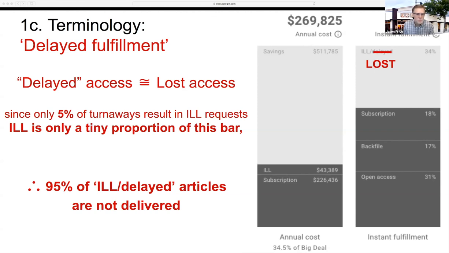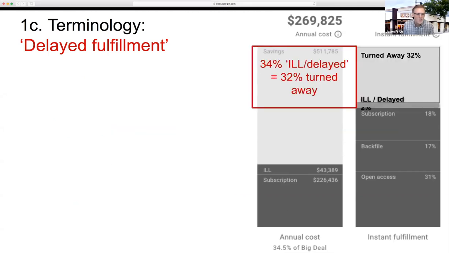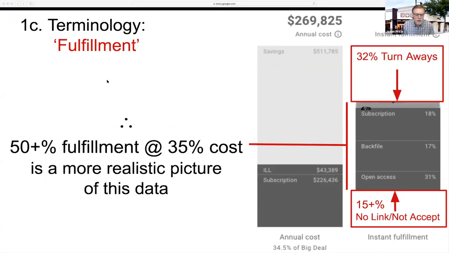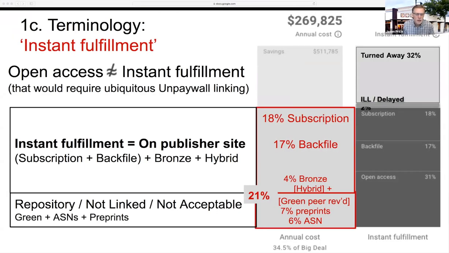So for the purposes of illustration, we relabeled this bar to better reflect reality, showing 2% of the access is ILL or delayed, and 32% is turned away. In other words, these savings do come at a cost.